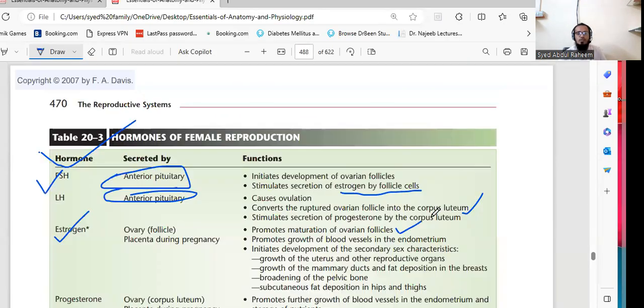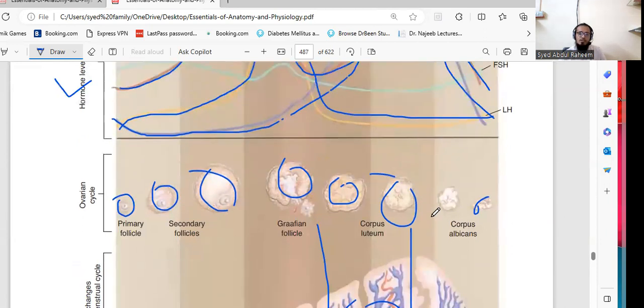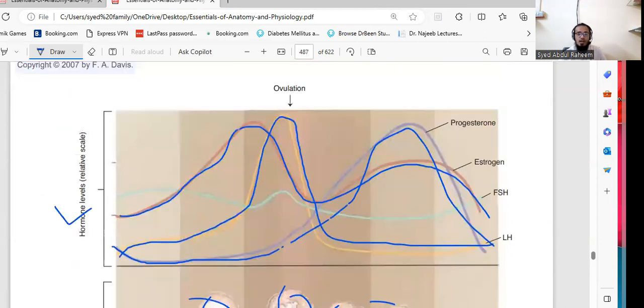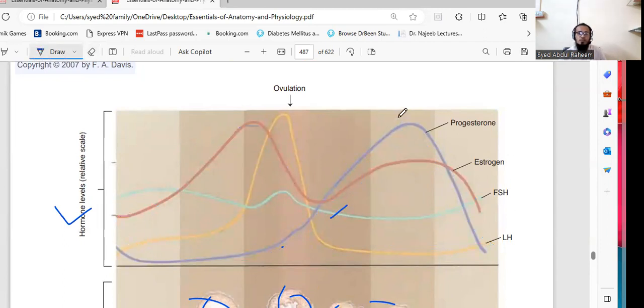So I think you understood that. These are the hormones that help the menstrual cycle: FSH, progesterone, estrogen, and LH. The LH hormone is needed for rupture of the ovum.